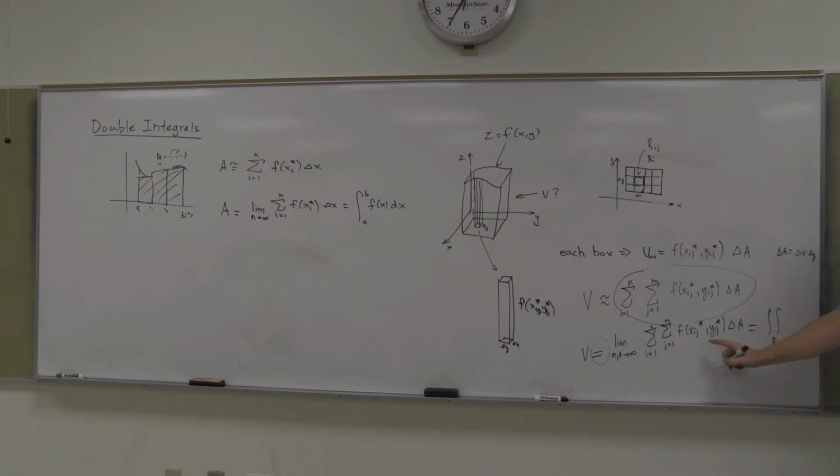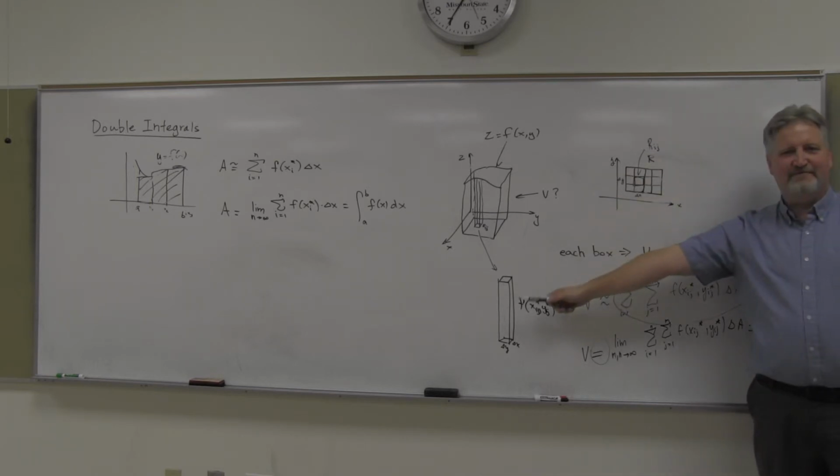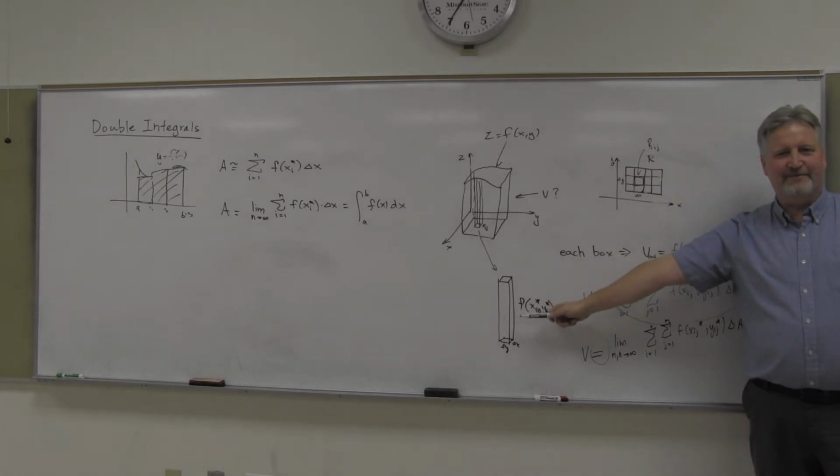All right, so this is f of x y that I'm doing the double integral of, and then delta A becomes dA, just like delta x over there became dx. We'll talk more about that, but that's what a double integral means. It's a summation of a bunch of rectangular boxes.